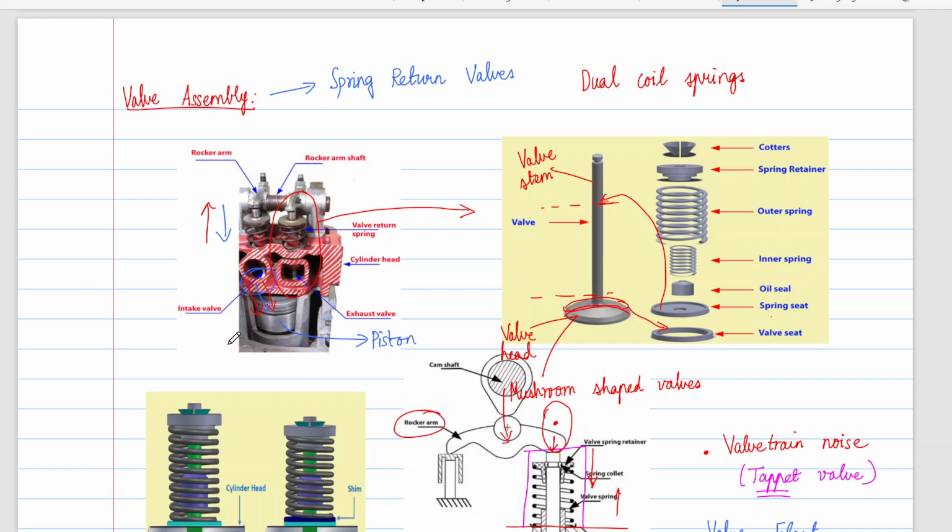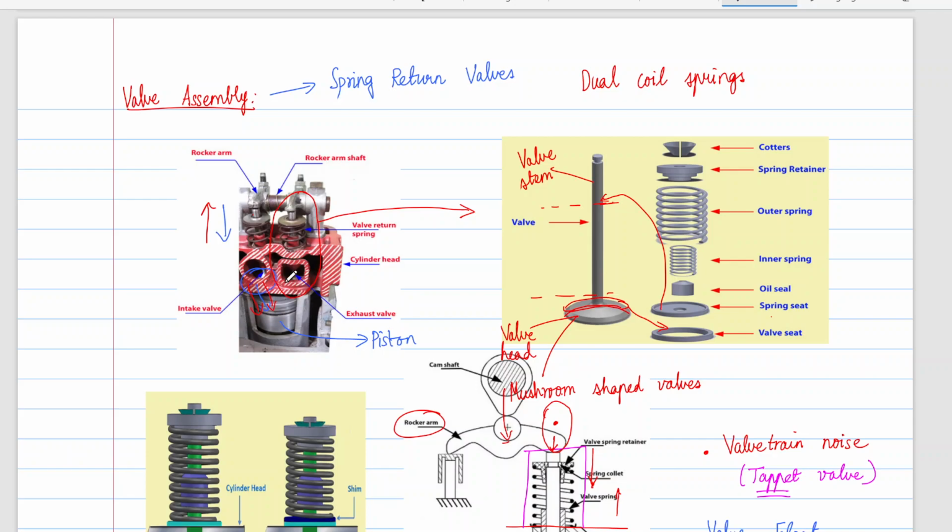Yes, so coming to the valve assembly, valves have two functions. First is to introduce the air fuel mixture, or introduce air, inside the combustion chamber.